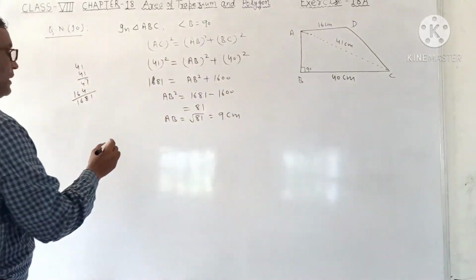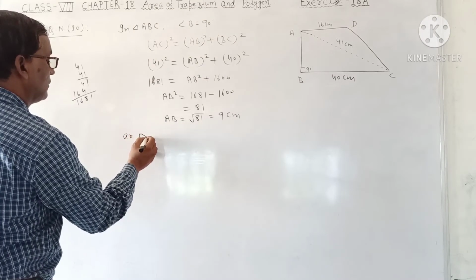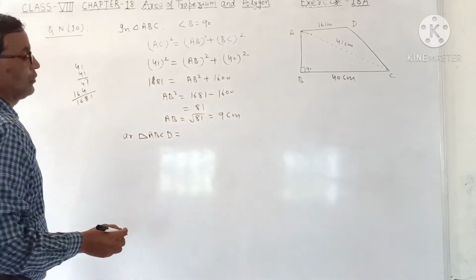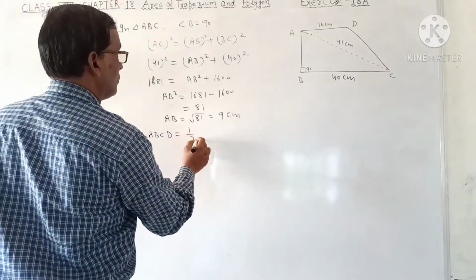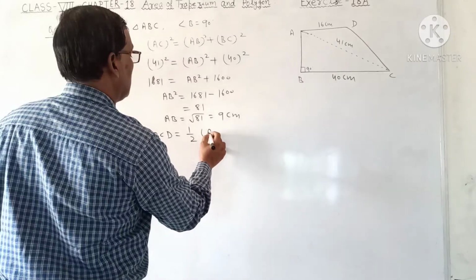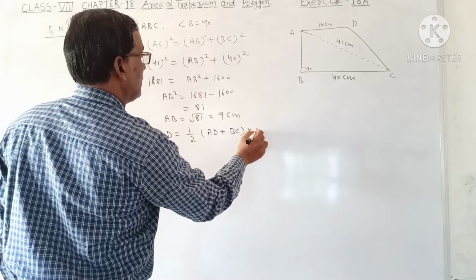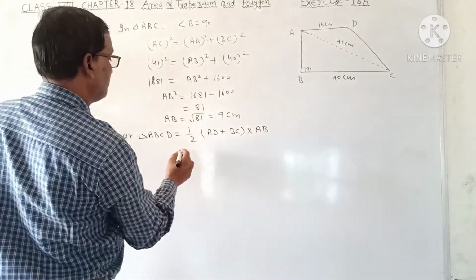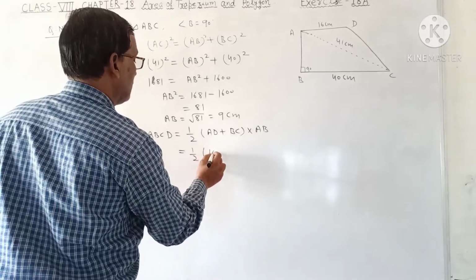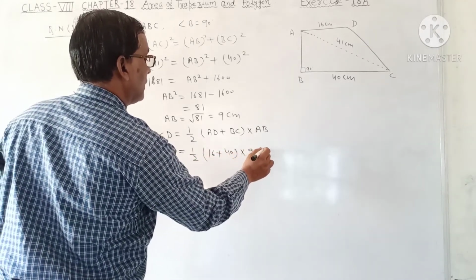So, area of trapezium ABCD equal to half into (AD plus BC) into AB. Half into (AD means 16 plus 40) into 9 centimeter square.